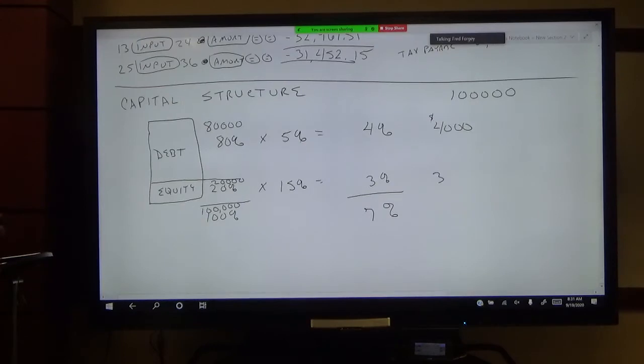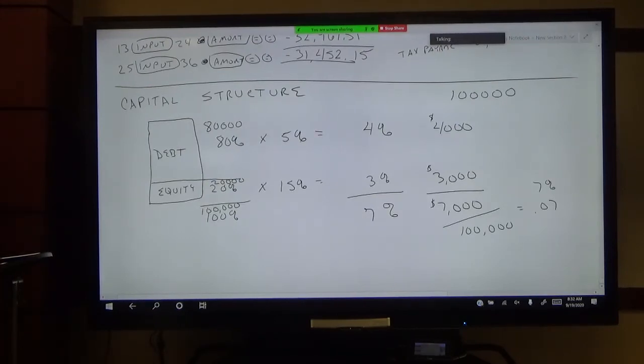And your cost of equity would be $3,000, or a total of $7,000. Once again, I'm just trying to work around this so you can begin to see the relationships. So basically what this is saying is that your project needs to generate $7,000 a year of income in order to satisfy your cost of debt and your cost of equity. So in this case, we take $7,000 and we simply divide it by the overall project value, we get 7%.